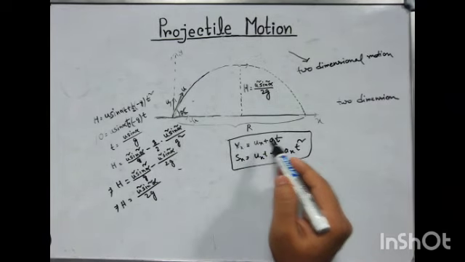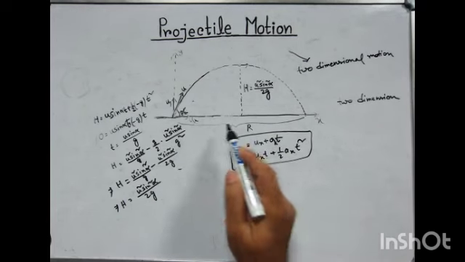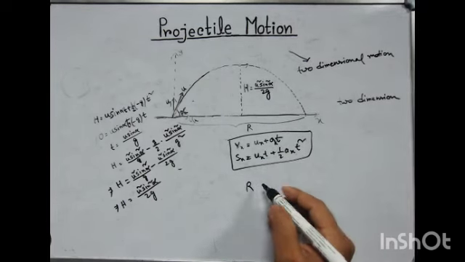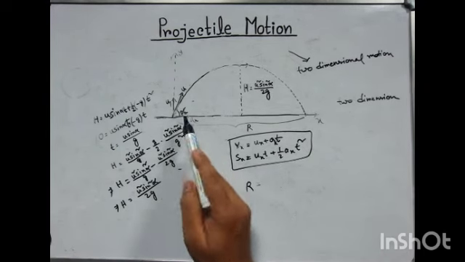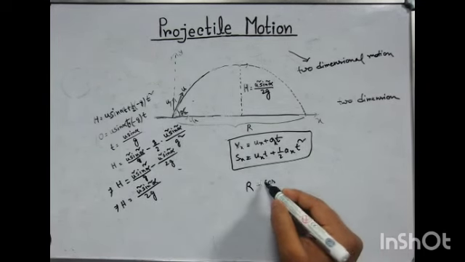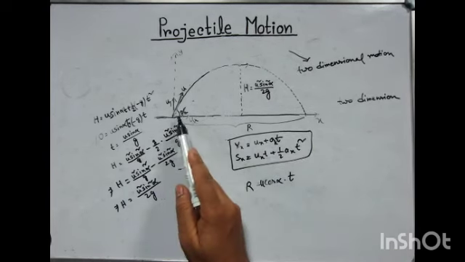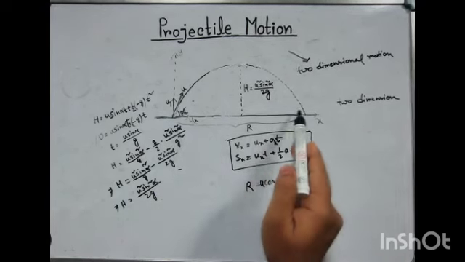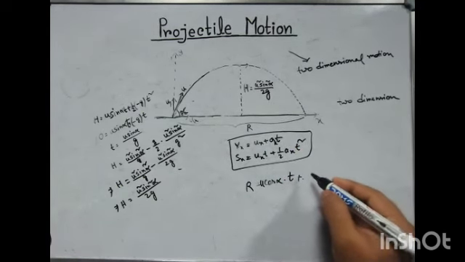From that we can find that sx is our r, the maximum distance it will travel. ux is u cos alpha, so it will be u cos alpha into t, plus half ax t square. We don't know how much time it will take to reach the maximum distance.